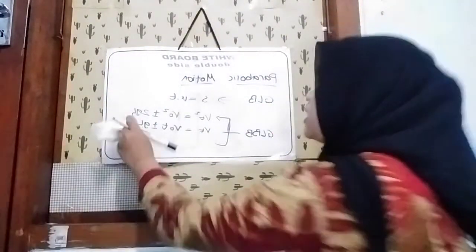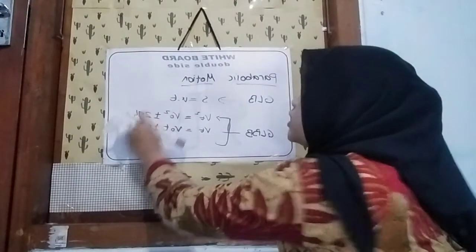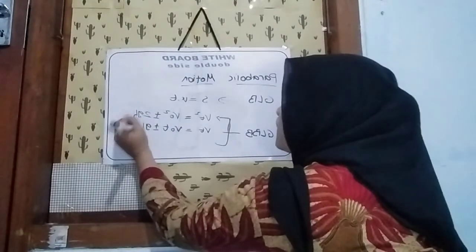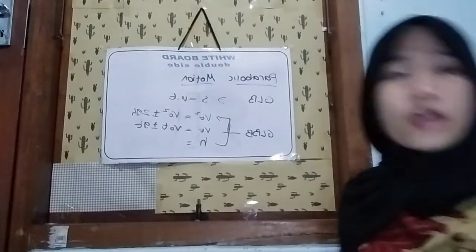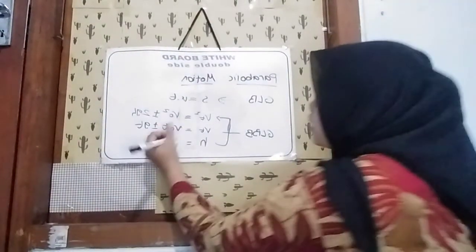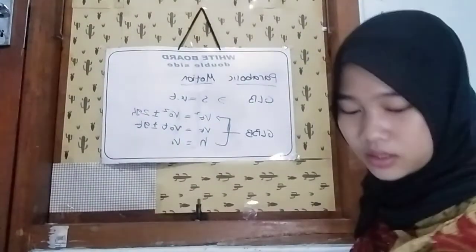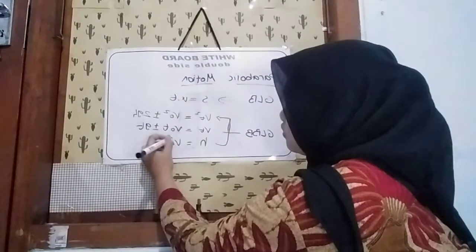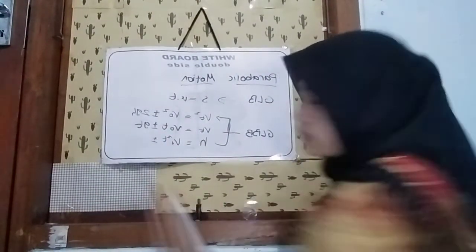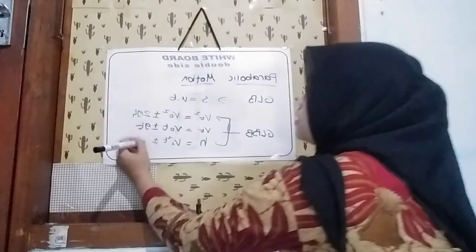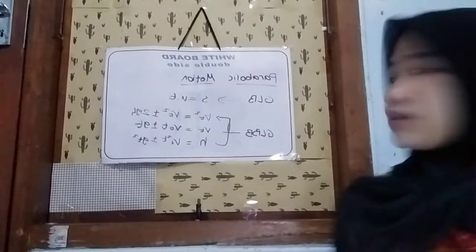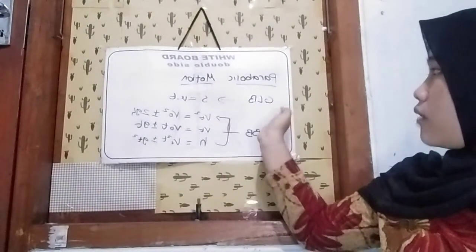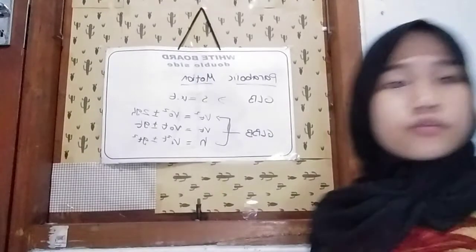I'm sorry, it's t, not h. And then the third, h or height equals V0 t plus or minus half a t squared. These formulas from GLB and GLBB, you must not forget.